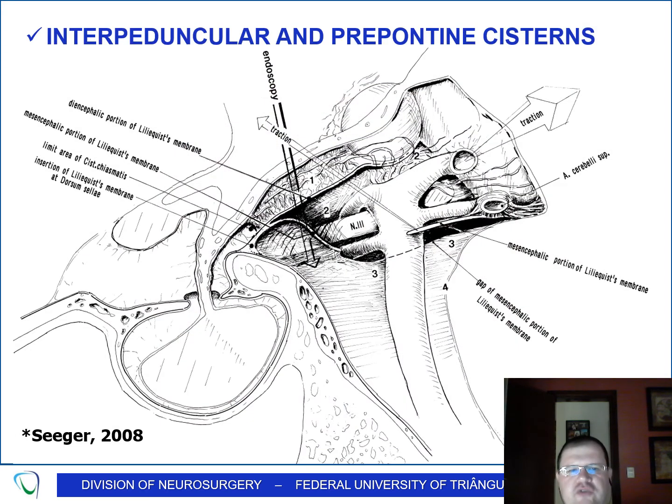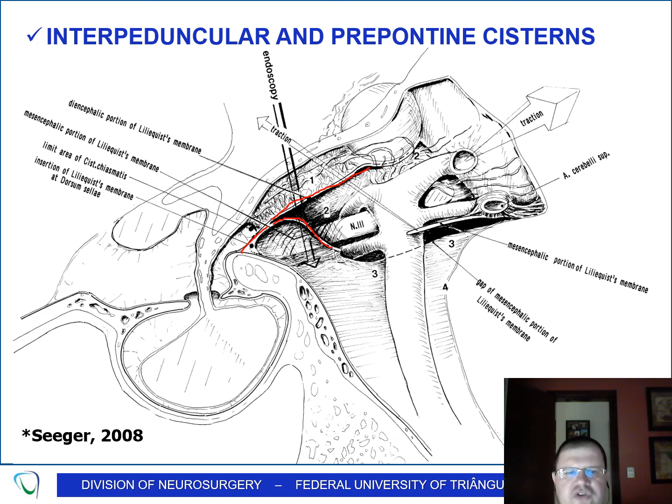It's very important to know that below the anterior part of the floor of the third ventricle, we can see here the Liliequist membrane. Liliequist membrane has three parts, a sellar part, and the sellar part divides in two parts, and the diencephalic part below the mammillary bodies and the mesencephalic part here.